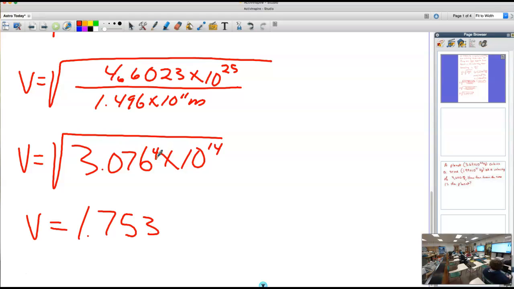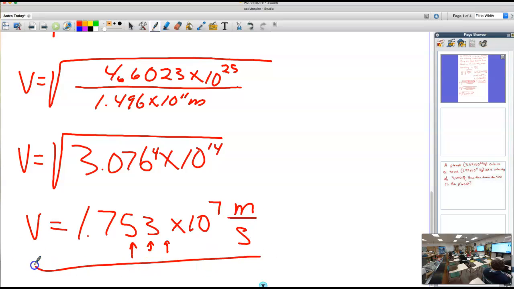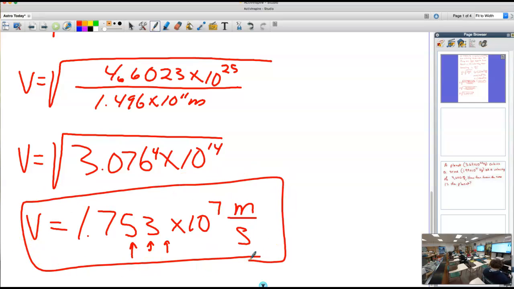Okay, well, that's good enough. If we have an error there, that's 1%, and here it's 0.1%, a hundredth of a percent. We're fine if we're out to here. So it's times 10 to the what? 7. Seventh what? Meters per second. Confirm? Yes? Okay.